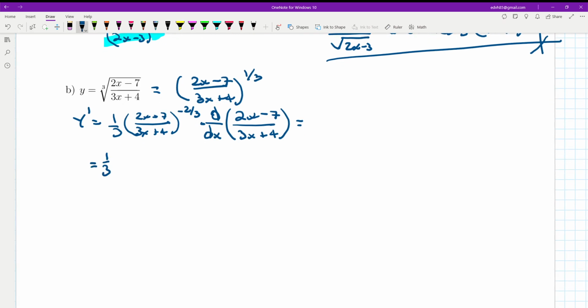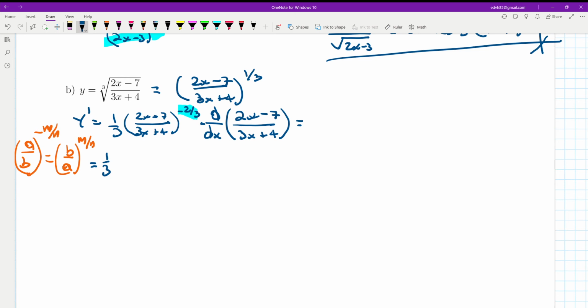By the way, you might want to change this negative rational exponent into a positive rational exponent by doing the following. Whenever you have a over b raised to negative m over n, you can change the sign of this rational exponent into a positive m over n, provided you flip the fraction inside of the parentheses, and that's what I'm going to do here.